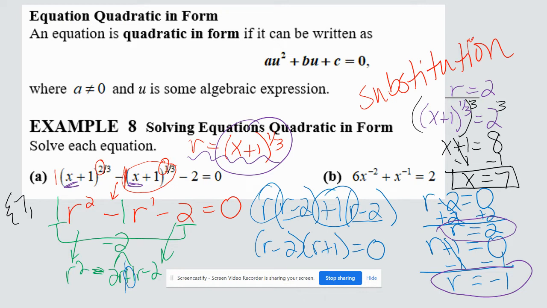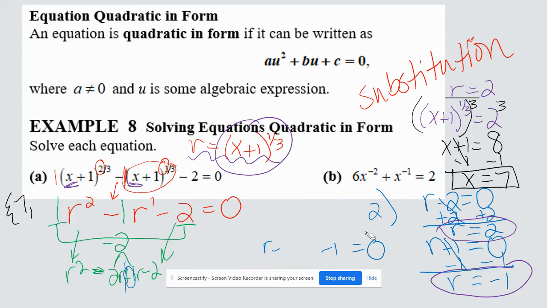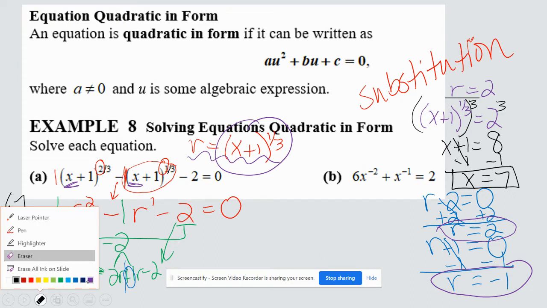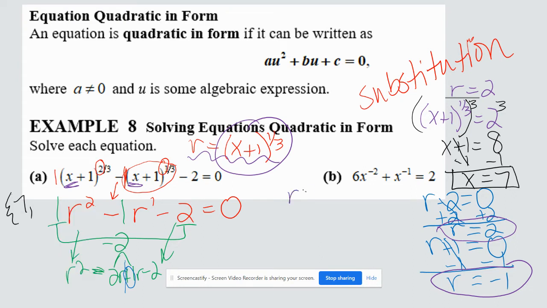We have to take that second answer that we got, the r is equal to -1, and do the same thing. If r is equal to -1, x plus 1 to the 1/3 is equal to -1.